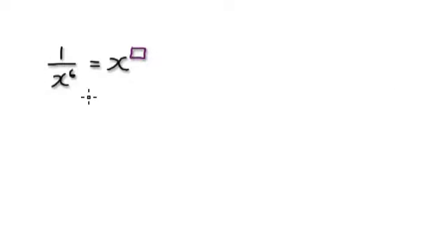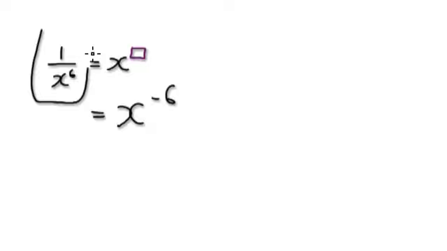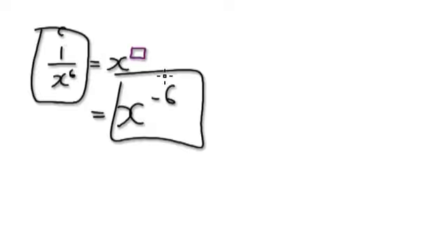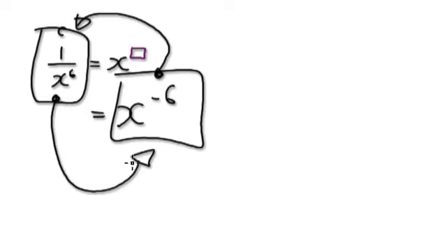So this whole thing here actually equals x to the minus 6. So sometimes you do need to go the other way. Normally I'd say, if you ever see x to the minus a number, then immediately jump to this. But now you're seeing this, you should be able to go backwards and jump to this.